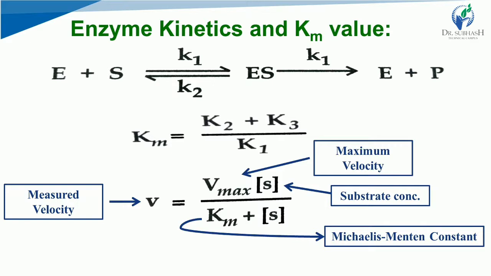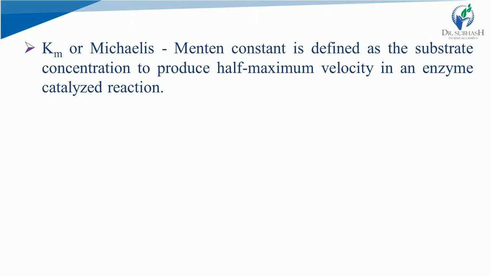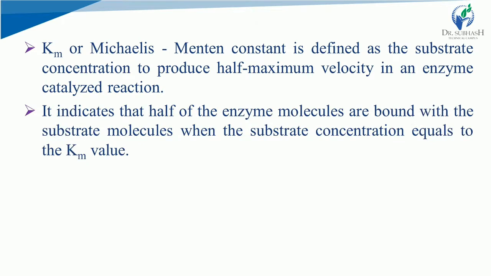What are we studying? This is all about concentration of the substrate. Now, how is it connected? Km or Michaelis-Menten constant is defined as the substrate concentration to produce half maximum velocity in an enzyme catalyzed reaction. It indicates that half of the enzyme molecules are bound with the substrate molecule when the substrate concentration equals the Km value.